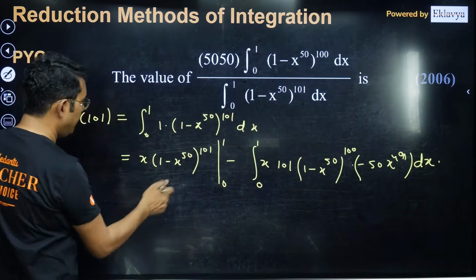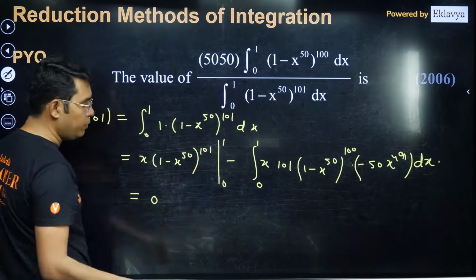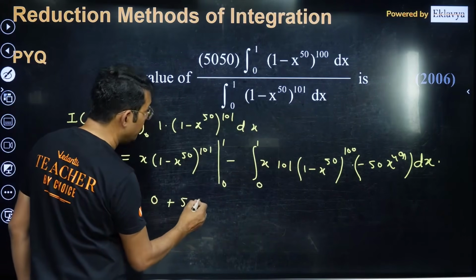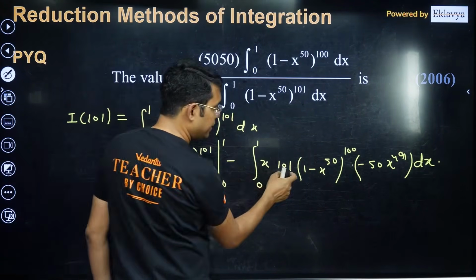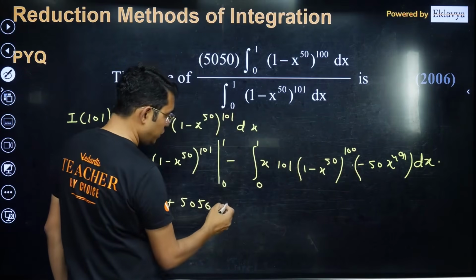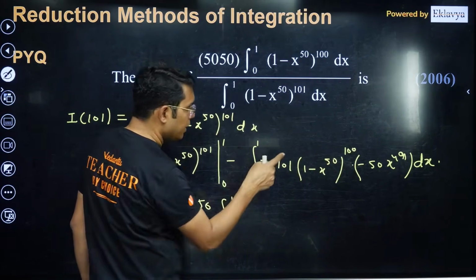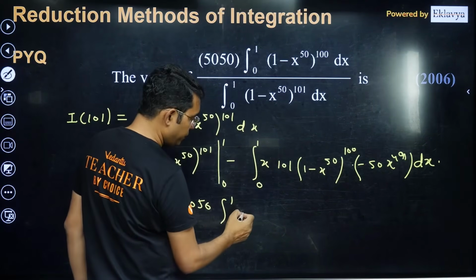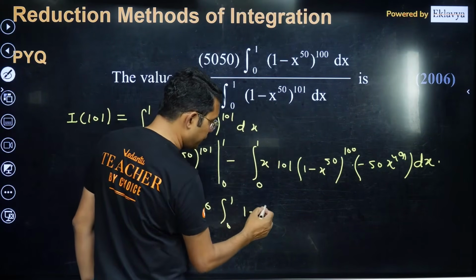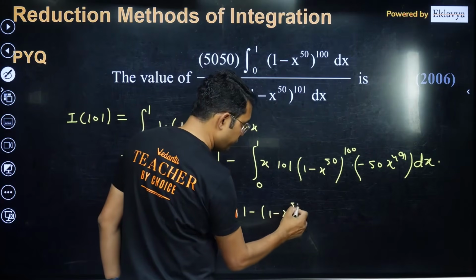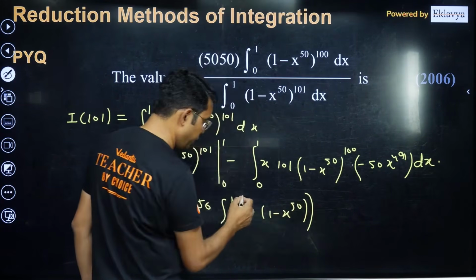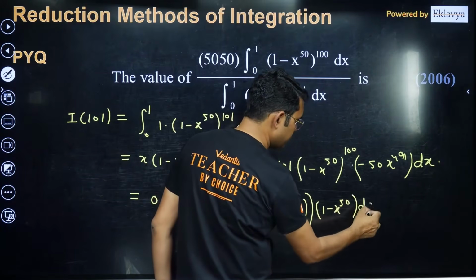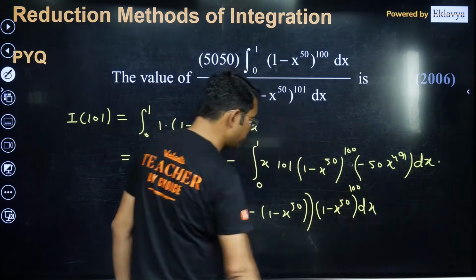Yeah, that's correct. Here everything becomes 0, upper limit, lower limit both become 0, minus minus plus, so we get 50, 101 into 50, minus minus plus. So what is here now? 0 to 1, x into x power 49. Okay, so this will be, I think I can write it as 1 minus x power 50 into 1 minus x raised to the power 50 dx. This is 100 actually, 100 only.